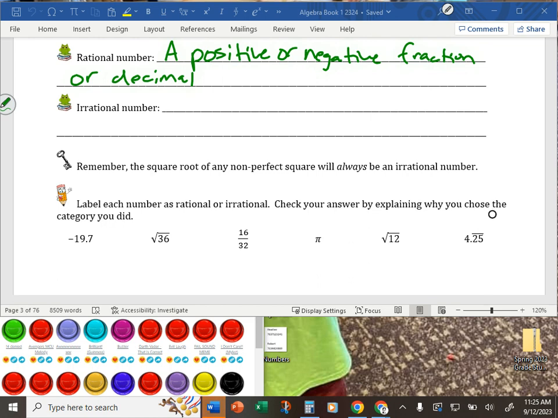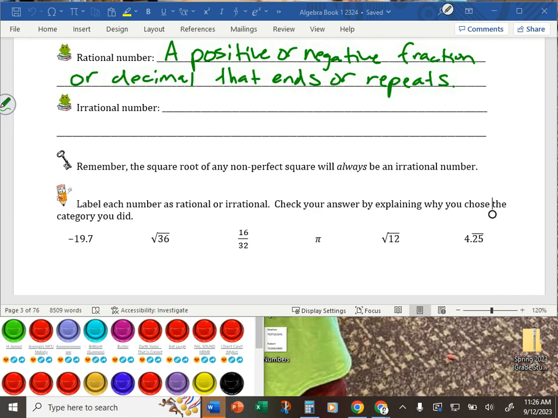When you have a decimal, there are basically three types. Decimals can either end, they cannot end, or they can repeat. And so for it to be rational, it would be a decimal that ends or repeats. A decimal that ends or repeats is a rational number, as is any fraction, positive, negative, etc.